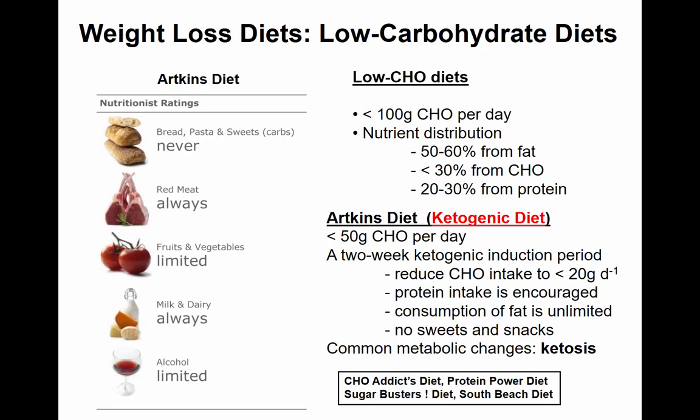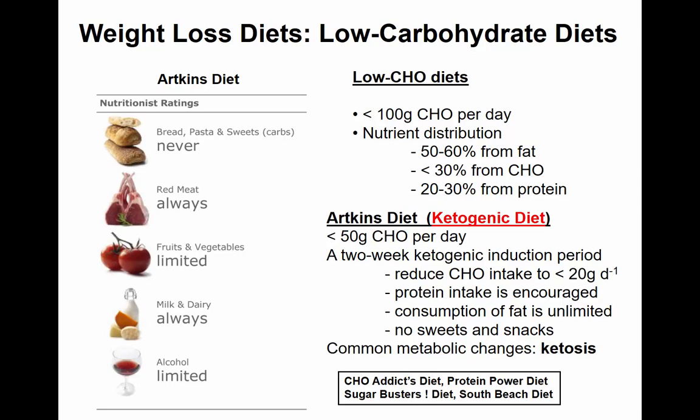A low carbohydrate diet is usually kind of popular for people to use for weight loss. A low carbohydrate diet is basically a diet that contains less than 100 grams of carbohydrate per day, right?